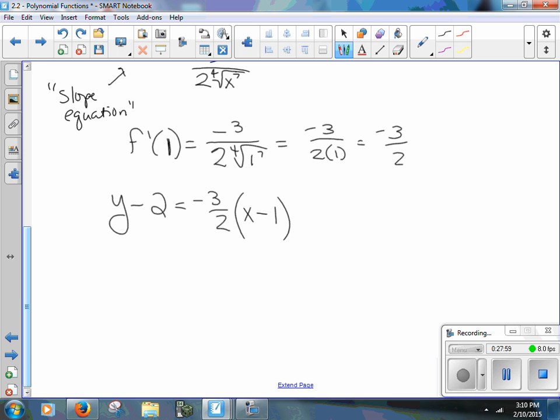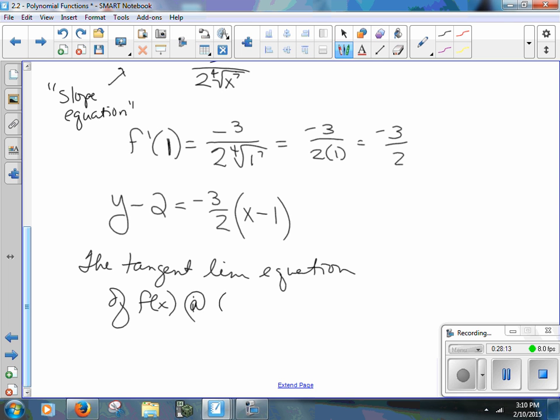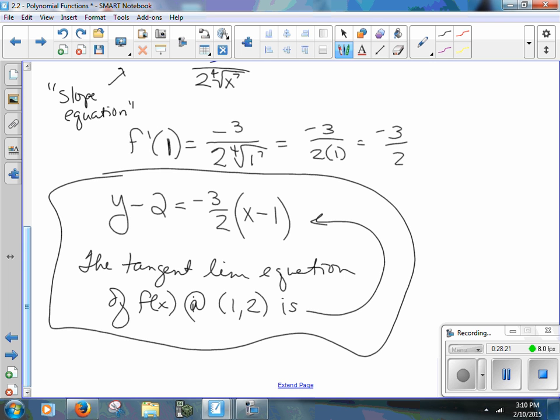Now, how are you going to write this? Your best answer, the tangent line equation of f of x at 1, 2. That is the best answer you can give me.